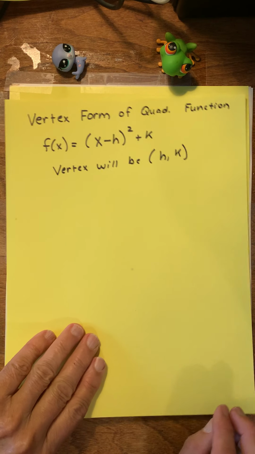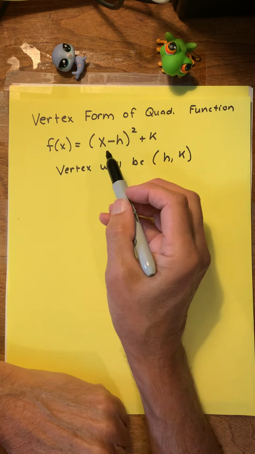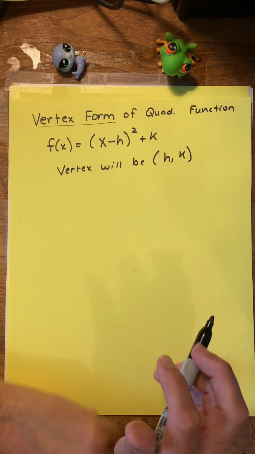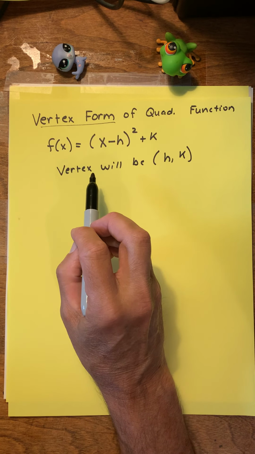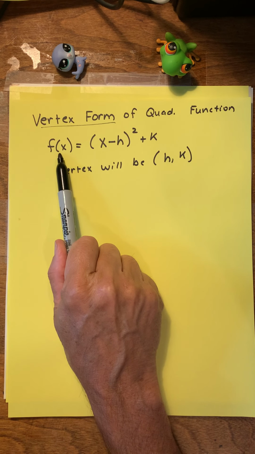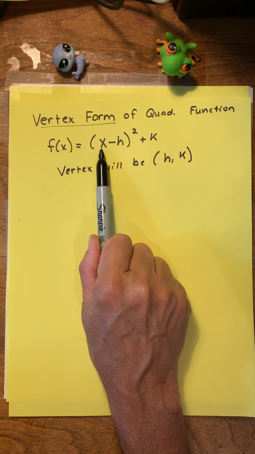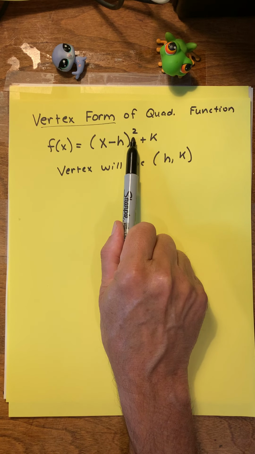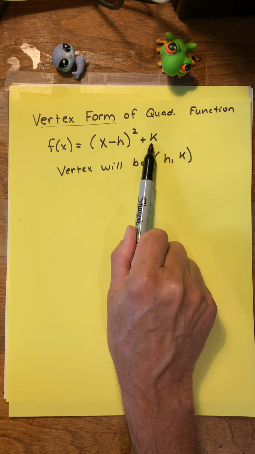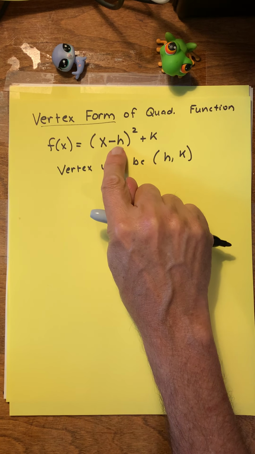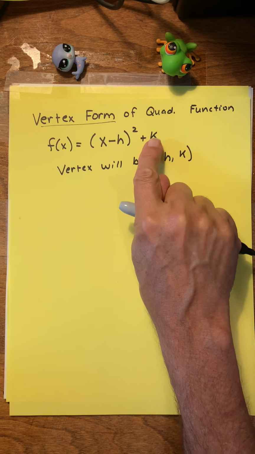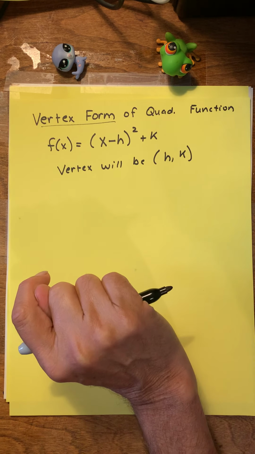However, there is a form of the quadratic function known as the vertex form. And you're going to see this form multiple times. It goes like this. If f of x is (x minus h) squared plus k, then the vertex of this particular parabola is going to be the opposite of this number, h, and exactly that number, k.